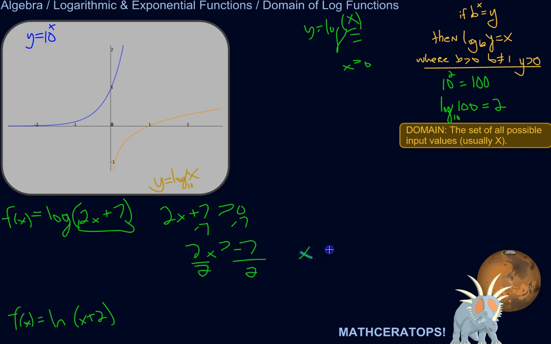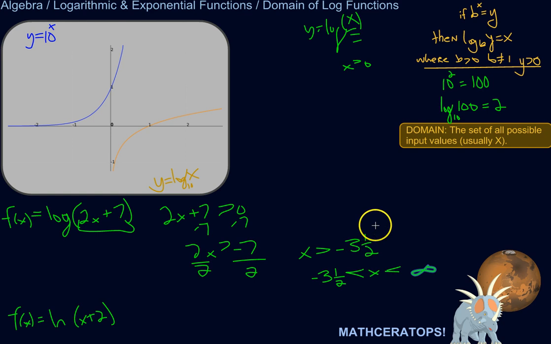So the domain would be all real numbers x such that x is greater than negative 7 halves, also known as negative 3 and a half. You could say negative 3 halves is less than x is less than infinity.